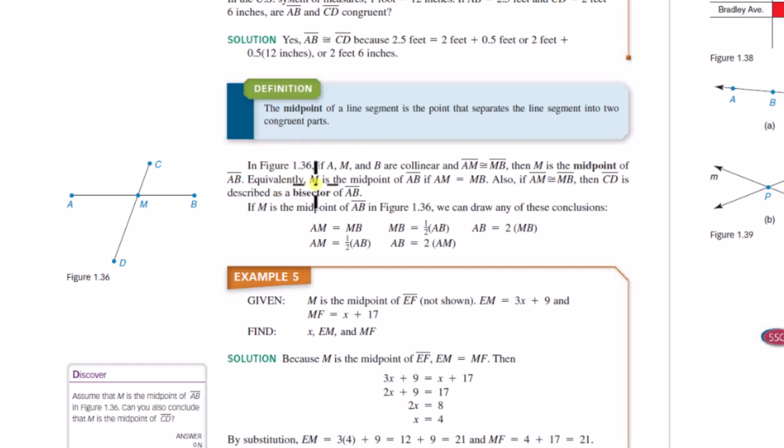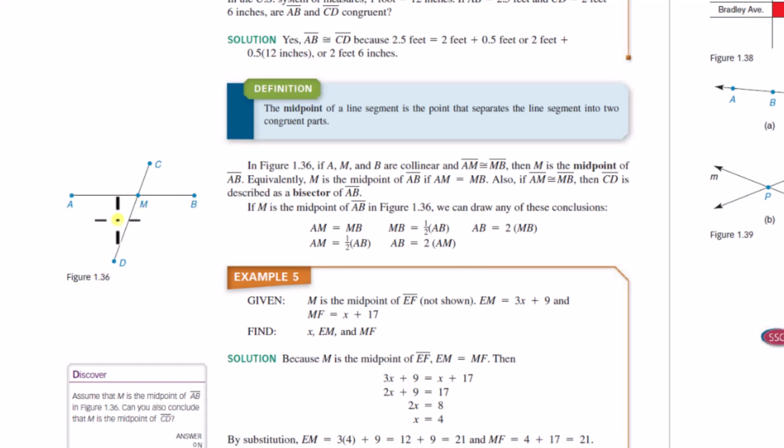In figure 1.36, if A, M, and B are collinear and AM is congruent to MB, then M is the midpoint of AB. This might seem trivial and obvious, but we're building this mathematical system. If point M is such that it separates AB into two parts where the length of AM is equal to the length of MB, then M is the midpoint of AB.